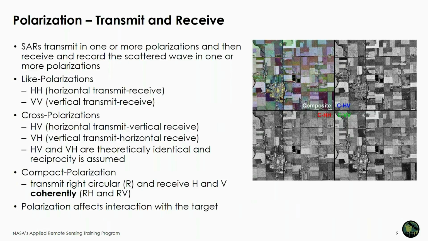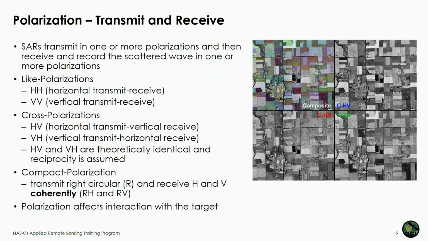In this case, the radar is transmitting in a horizontal polarization, but receiving in the polarization that's orthogonal to that transmit polarization. So we can have a horizontal transmit, vertical receive, or transmitting vertically and receiving horizontally. We consider HV and VH, those two cross polarizations, to be identical, and reciprocity between those two is assumed.